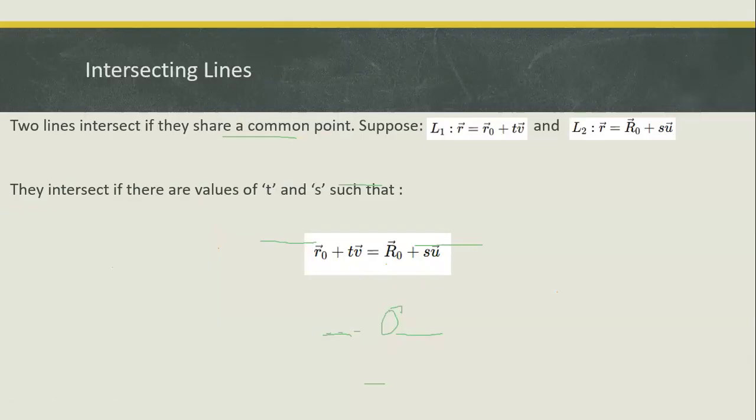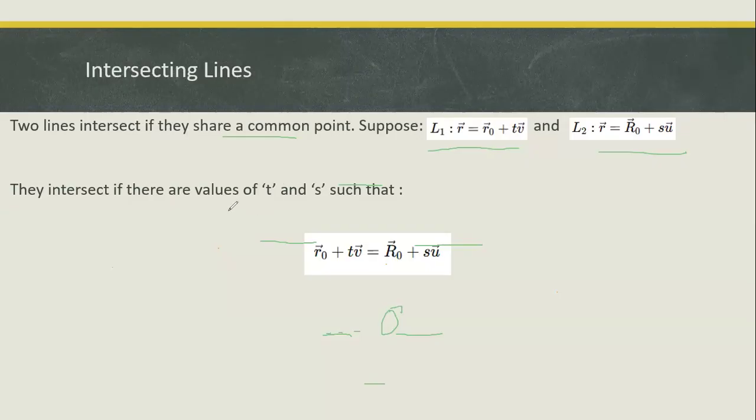Next, intersecting lines. Two lines intersect if they share a common point. Suppose we have the first line L1, vector r is equal to vector r naught plus t times vector v, and the second line L2, vector r is equal to vector r naught plus s times vector u.